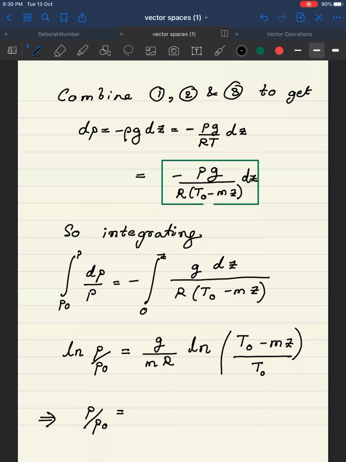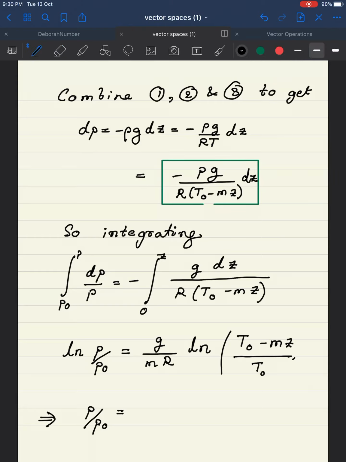Now that you have this expression, it is not that difficult to see that this g by mR actually should become a power of this.